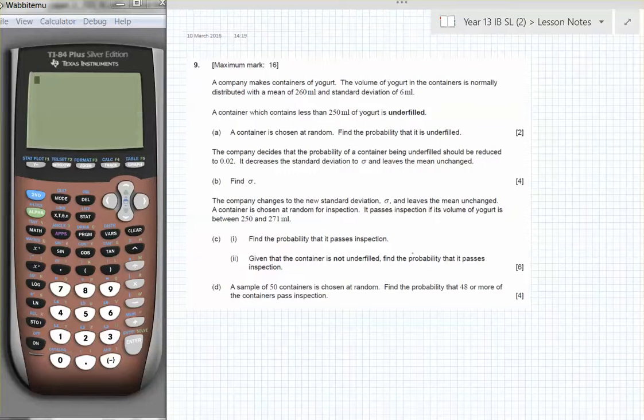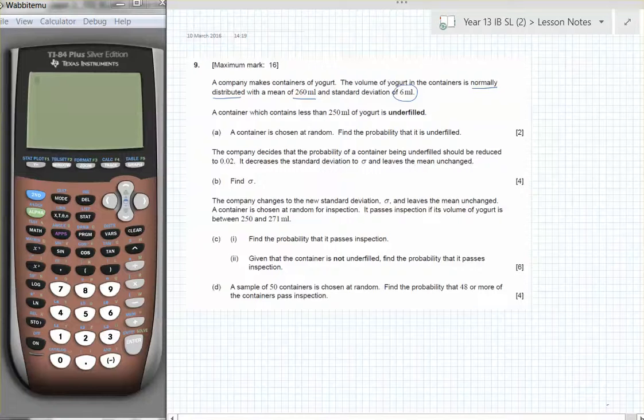Okay, let's go through this question 9 together that you are struggling with. So we've got here that it's normally distributed with 260 millilitres mean and standard deviation of 6 millilitres.